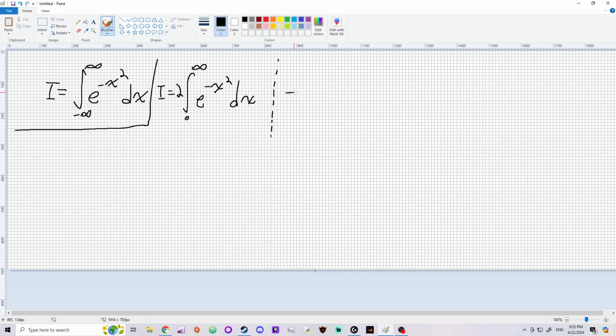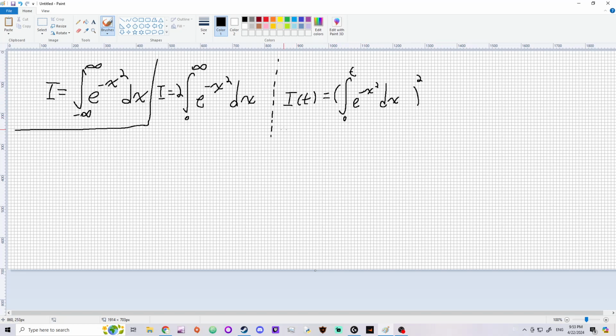We're going to have some function I of t, and this is equal to the integral from 0 to t of e to the negative x squared dx, and then we're going to square it. It'll make sense later on. This is just part of the solution. So we decided we're going to put t here.